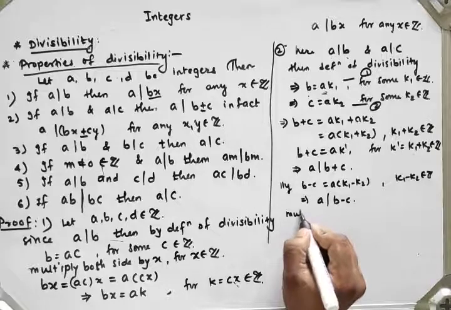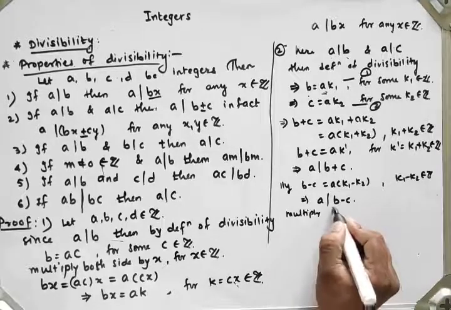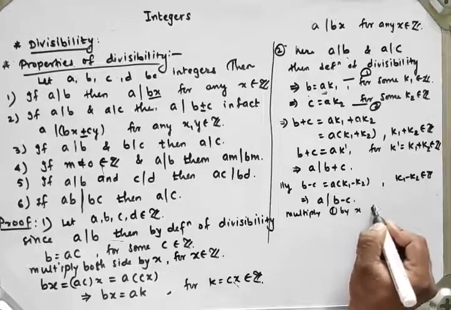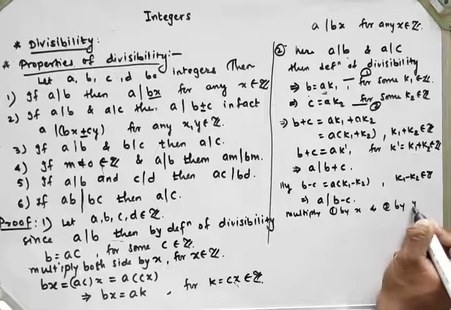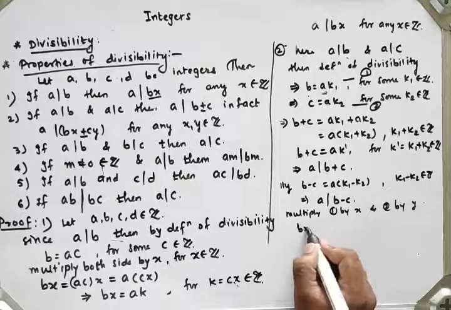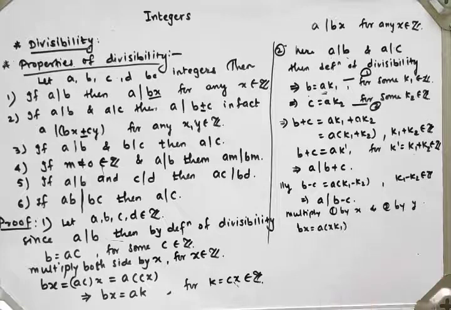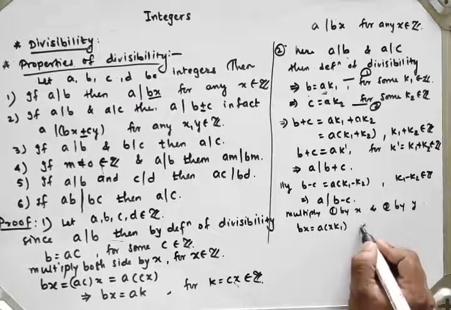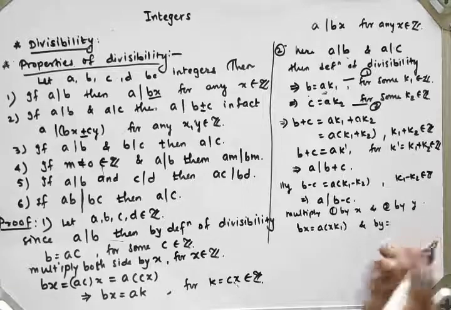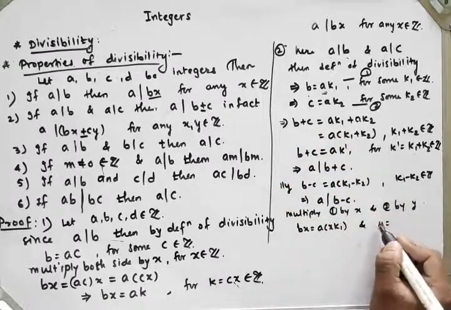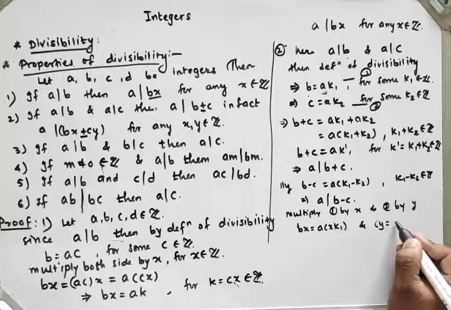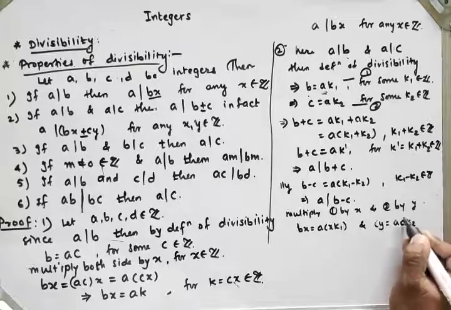Multiply 1 by x and 2 by y. So what will we get? bx is equal to a into x k1 and cy is equal to a into y k2, right?